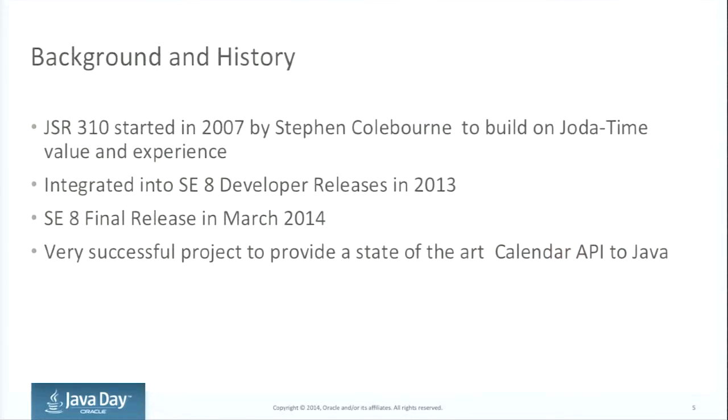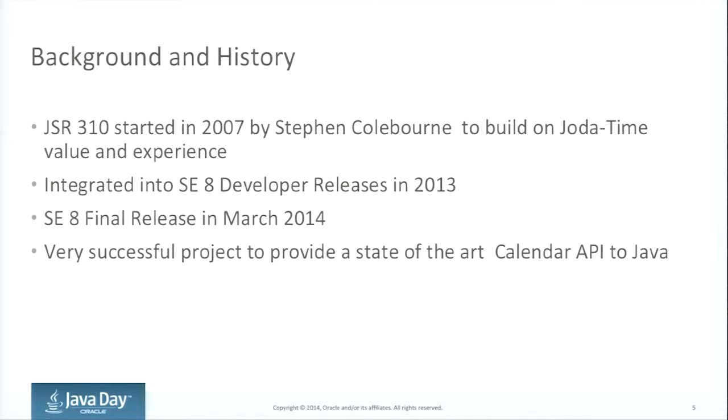So a little bit of background. I briefly mentioned we used to have a package that covered everything related to the date and time API. It wasn't very good. We're going to see what the issues with that were.